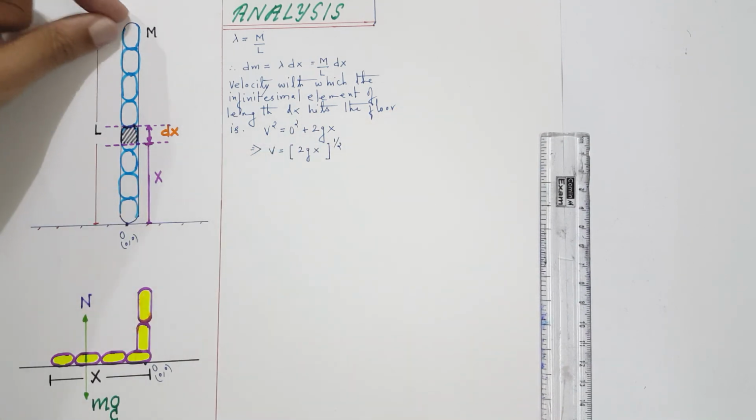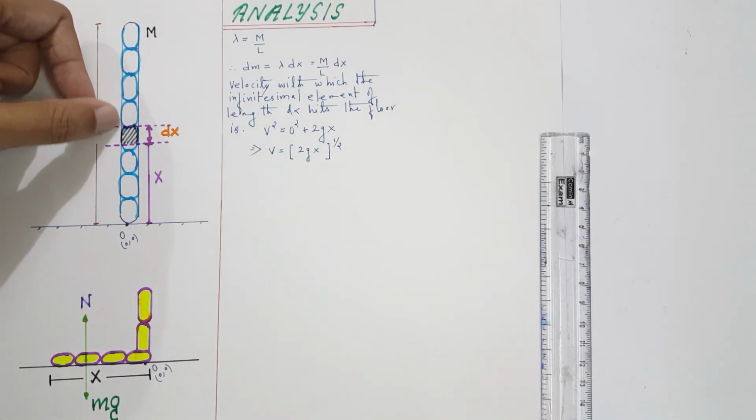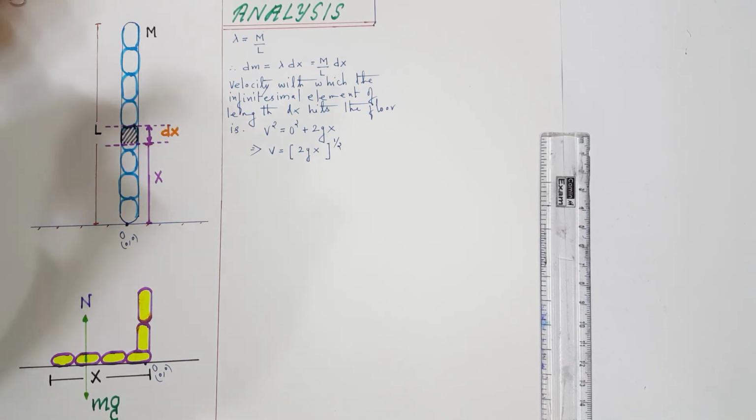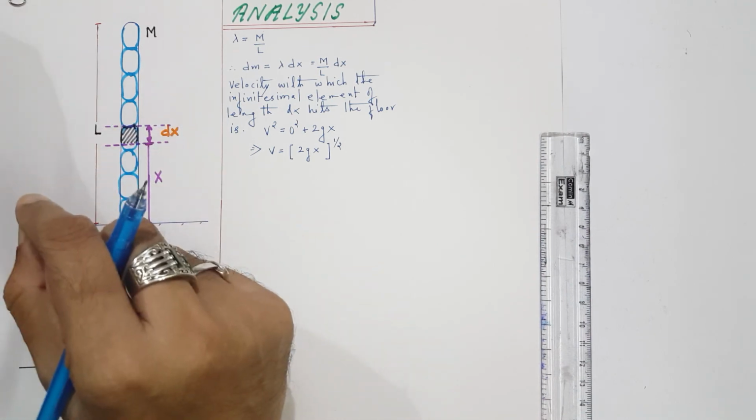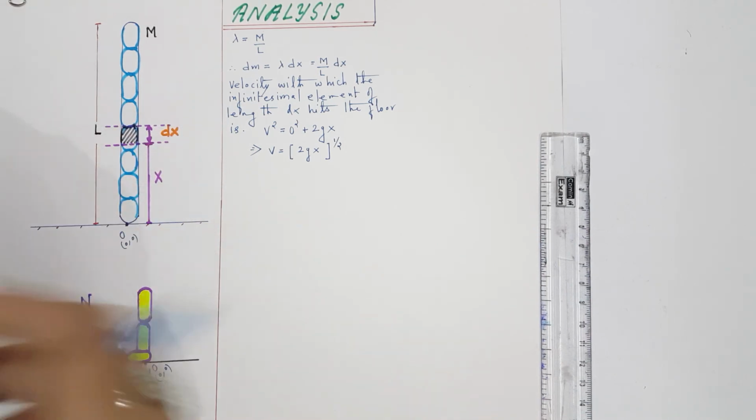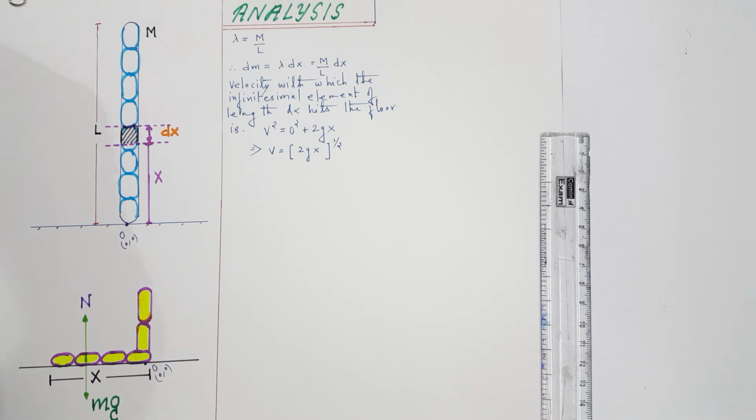So when you release the chain, this particular element hits the floor with this velocity, and immediately after striking the floor, it comes to rest.